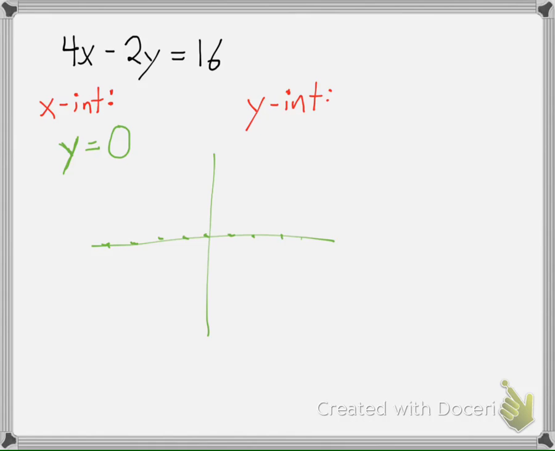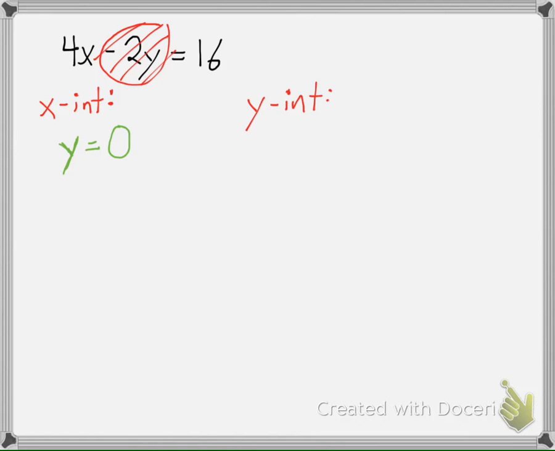So the easiest way to find an x-intercept is simply let y be 0. And the nice thing about an equation in standard form is that if y equals 0, one of your terms just doesn't exist, right? Because 2 times 0 is 0, and 4x minus 0 is 4x.